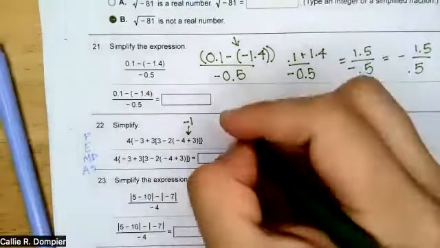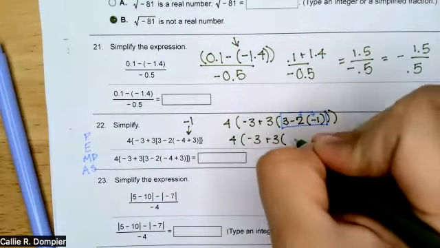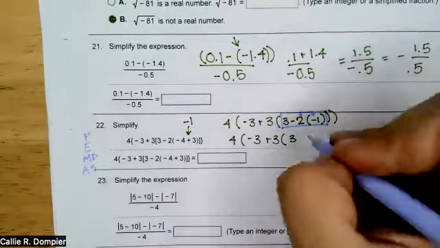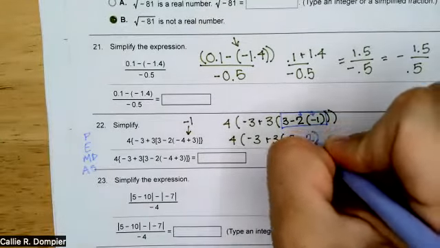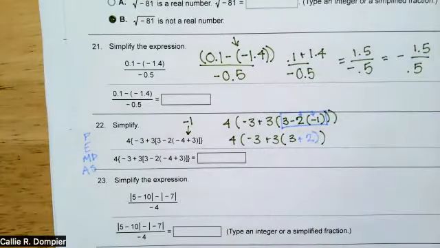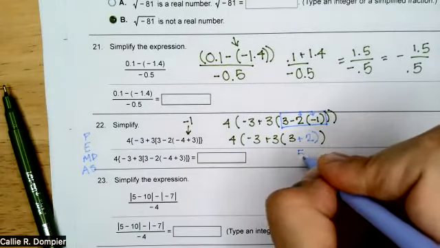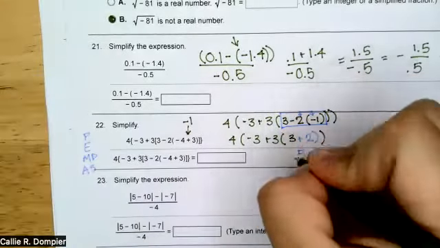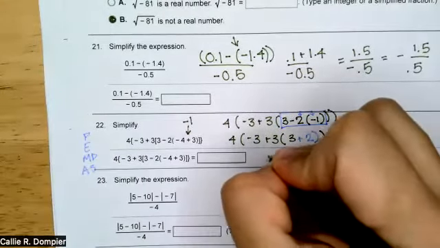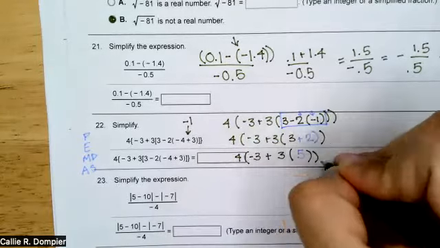So that becomes 4 times negative 3 plus 3 times (3 minus negative 2), and negative 2 times negative 1 becomes a positive 2. Let me know when I do something wrong. It's inevitable. Now, those are the smallest parentheses, so that becomes 5, right? 3 plus 2 is 5. We still have to multiply that by 3, and then everything by 4.